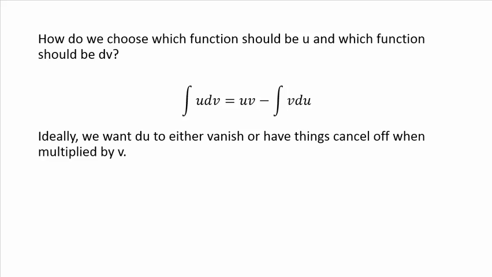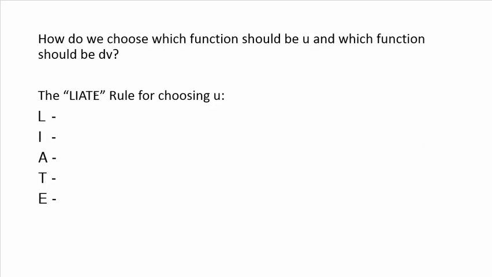Now, one way of choosing u is called the LIATE rule. And so here this L stands for logarithmic functions. And so those are your first go-to choice. If you see a logarithmic function in your integral, chances are that is your best option for choosing u.